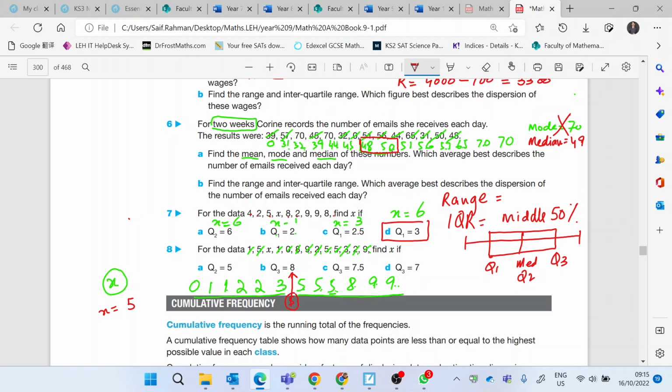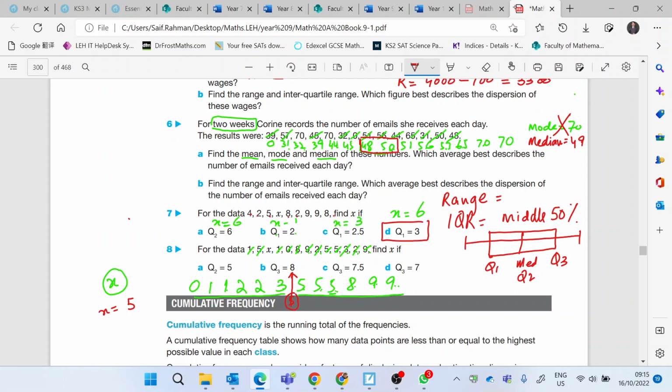If Q3 is 8, right? So if Q3 is 8, that means we have 13 numbers, 13 plus 1 is 14.